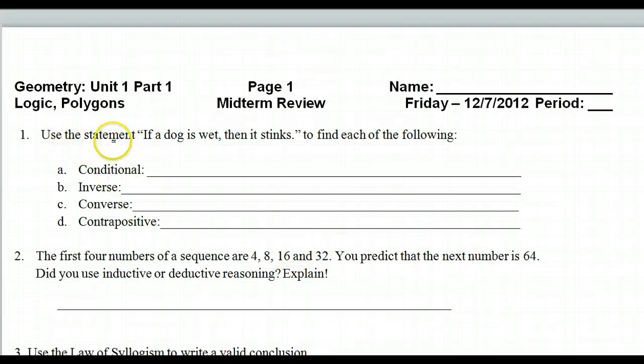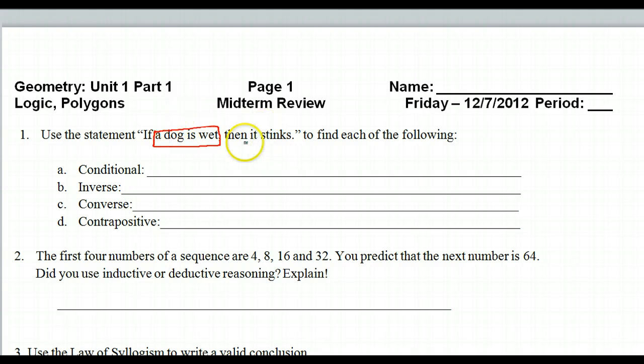Okay, a conditional statement is just an if-then statement. So this statement right here, if a dog is wet, then it stinks, that is a conditional statement. Every conditional has two parts to it. It has a hypothesis, which is the part that's usually with the word if.